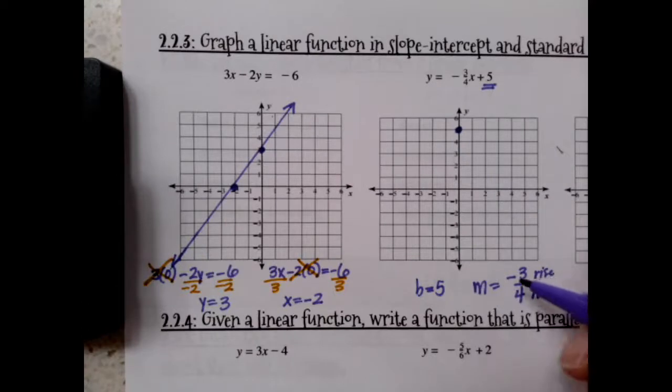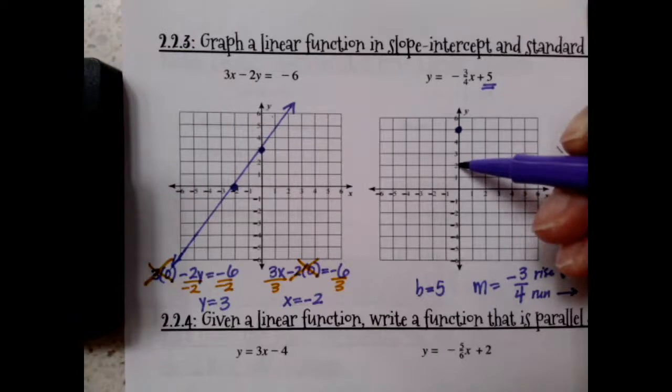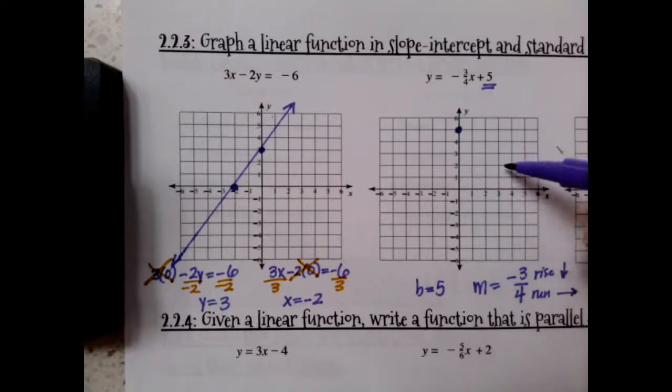If I'm rising negative 3, that means I am going down. And if I am running positive 4, that means I'm going to the right. So I'm going to go down 3 and to the right 4 from this dot that I already had. So down 1, 2, 3, and to the right 1, 2, 3, 4. If I had more space, I could do it again, but these 2 points will work good enough.